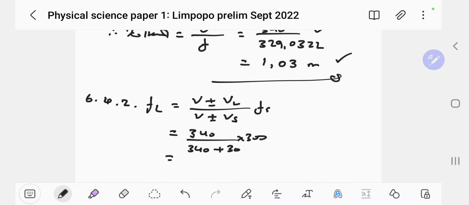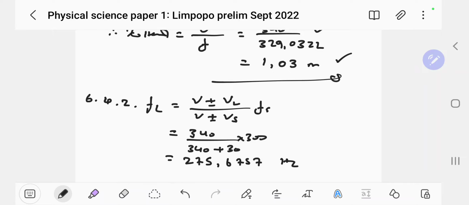Again it's the same 2-step approach, folks. So we have 340 times 300 divided by 340 plus 30. I'm getting 275.6757 hertz. At least you can leave it at that.